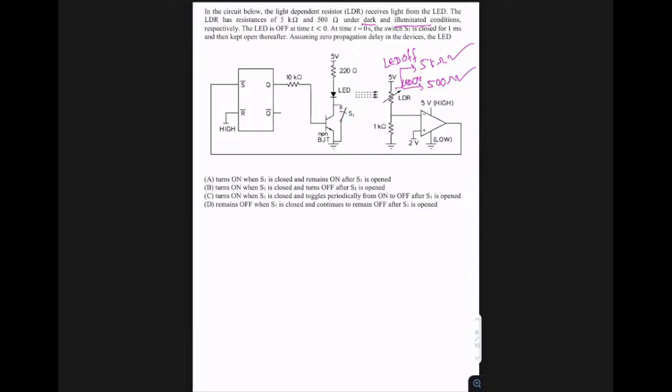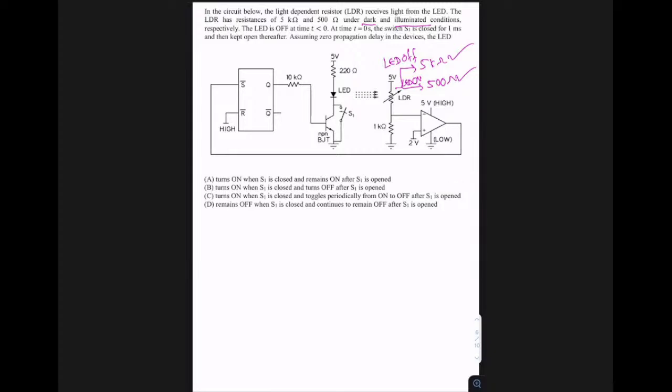Assuming 0 propagation delay in the devices, which of the following options is true with respect to the LED? Option A, the LED turns on when S1 is closed and remains on after S1 is open. Option B, the LED turns on when S1 is closed and turns off after S1 is open. Option C, the LED turns on when S1 is closed and toggles periodically from on to off after S1 is open.